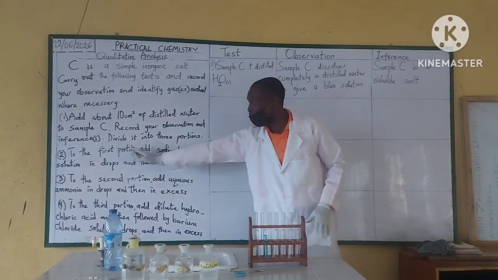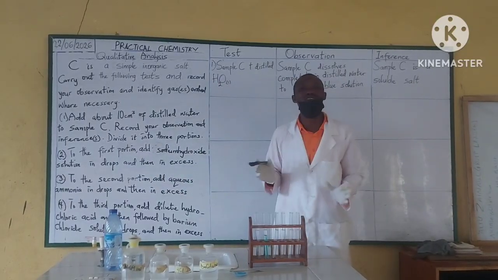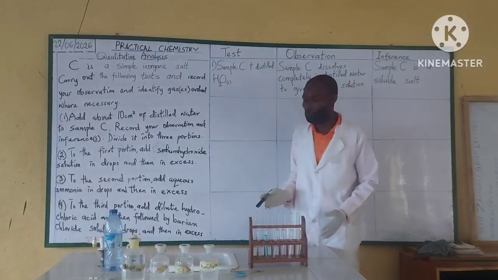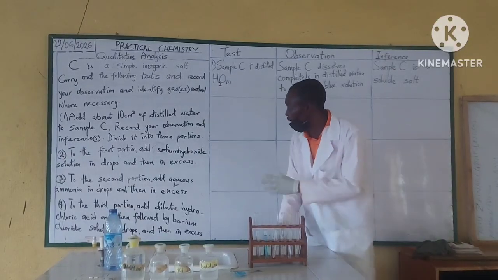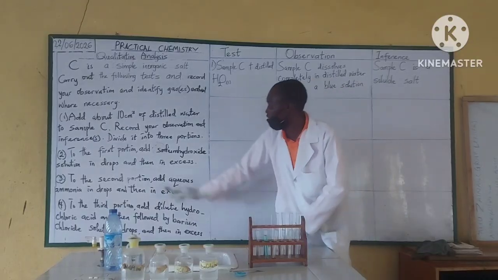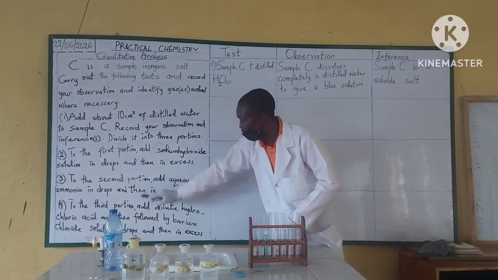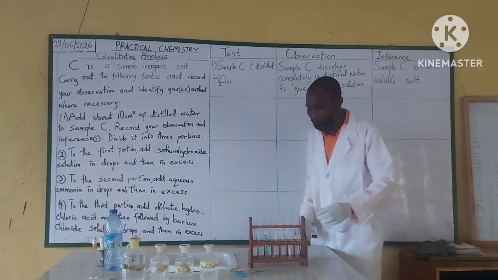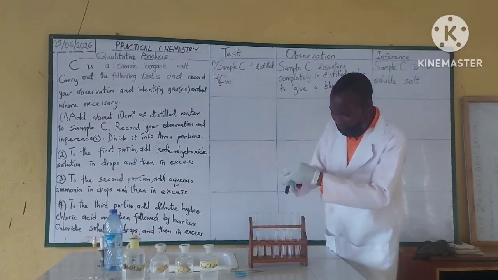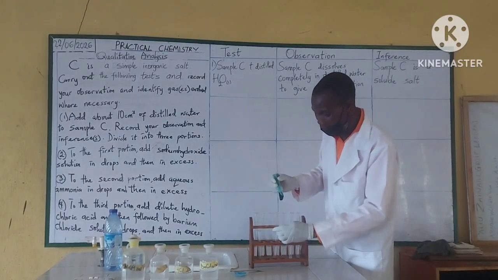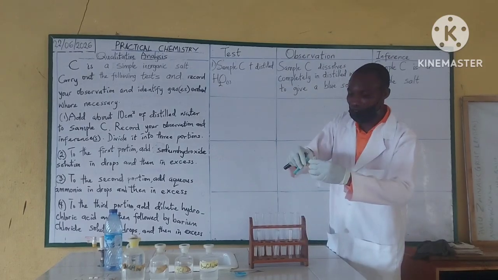When we talk about the first portion, it simply means we divide this into, we count the number of instructions. This is 1, this is 2, this is 3. You can just take a portion like this, just a portion from it.